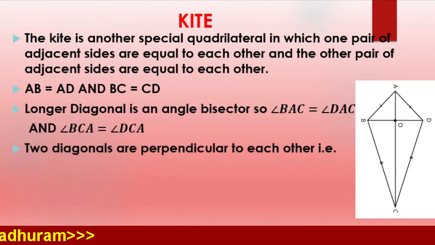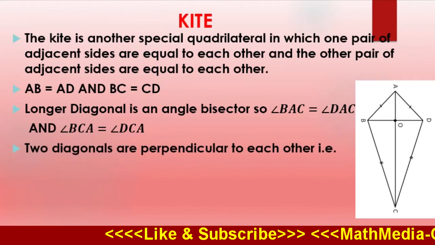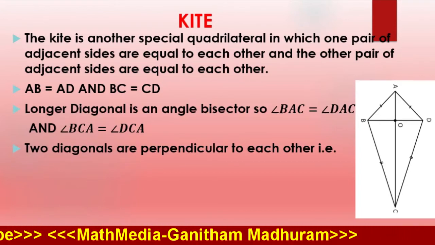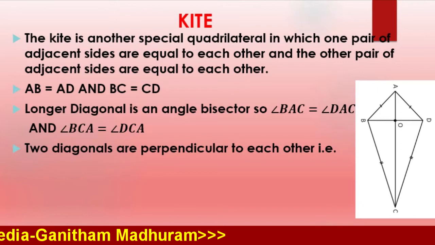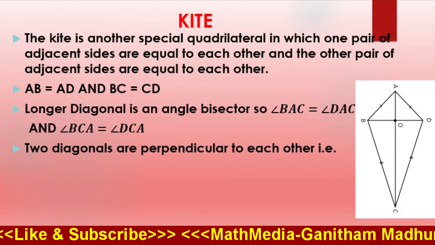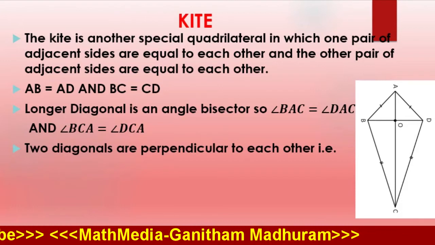Another property of the diagonals is that the two diagonals are perpendicular to each other. That is, diagonals AC and BD are perpendicular to each other, meaning they make 90 degrees at their intersection.